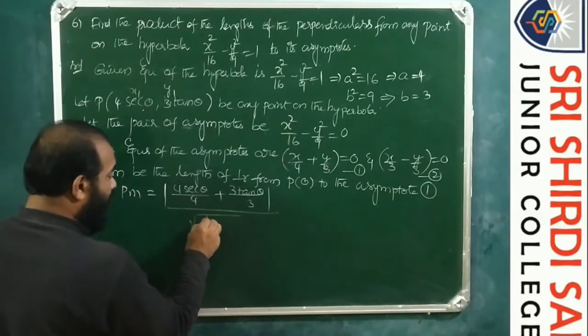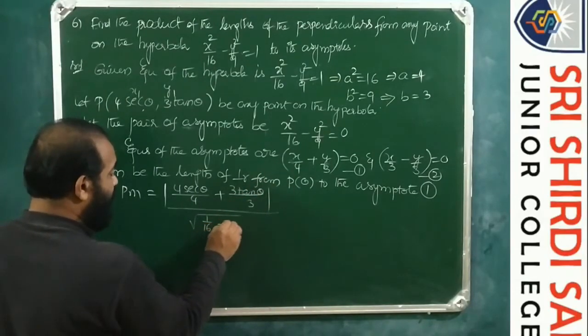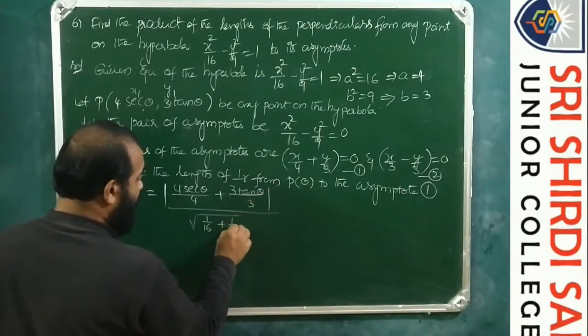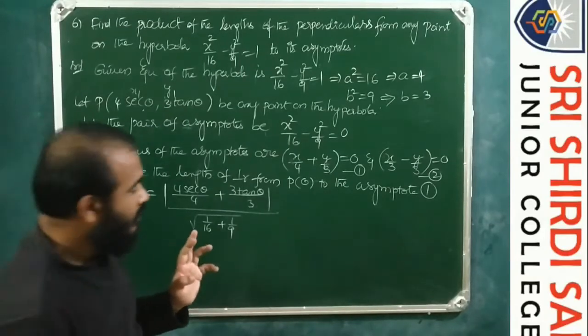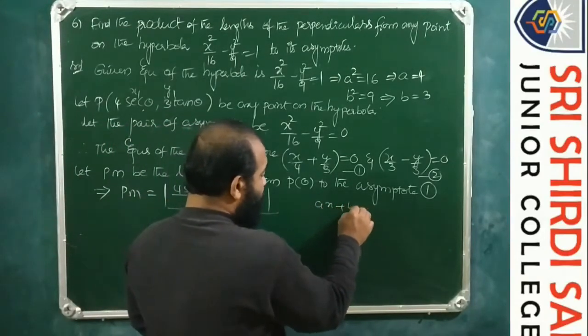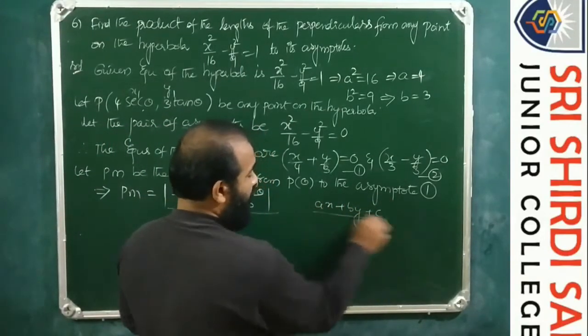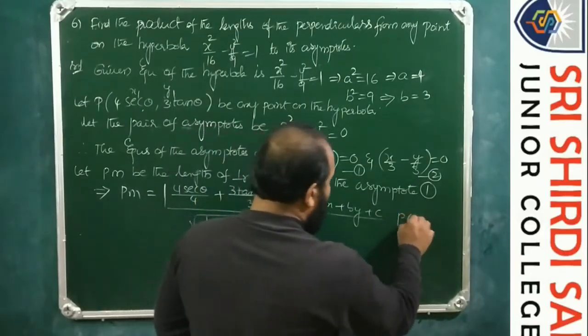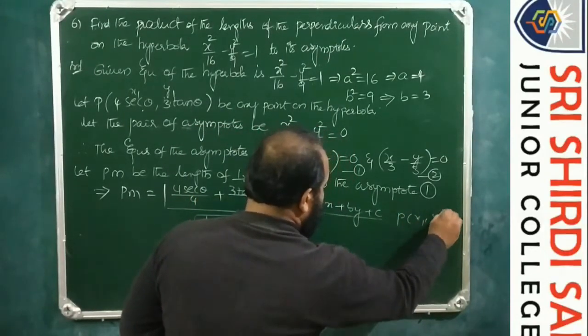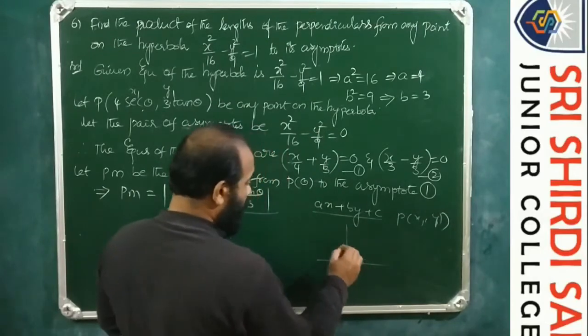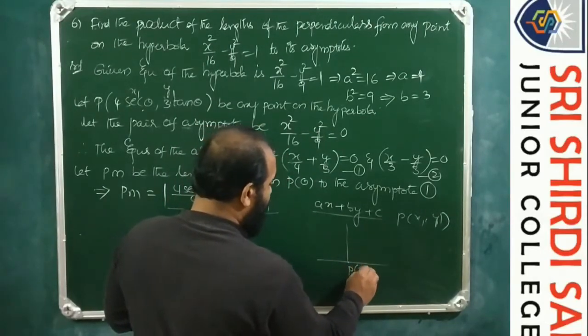So 1 by 4 whole square, 1 by 16, plus 1 by 3 whole square, 1 by 9. Remember, ax plus by plus c equals 0 is the line and the point is x1, y1.